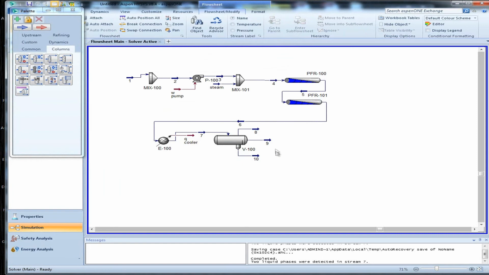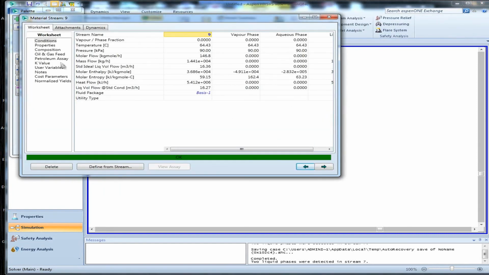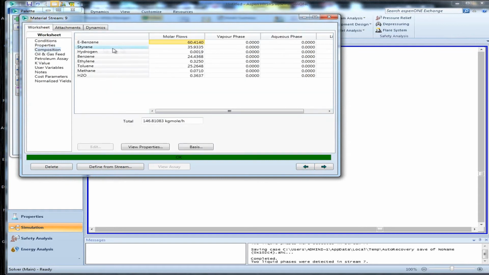And now go to the one in the middle, which we expect to have only ethylbenzene, styrene, benzene, and toluene. We also have something mixed, but not in a very big portion, so it will be okay. So these 4 of them will go to the separator.